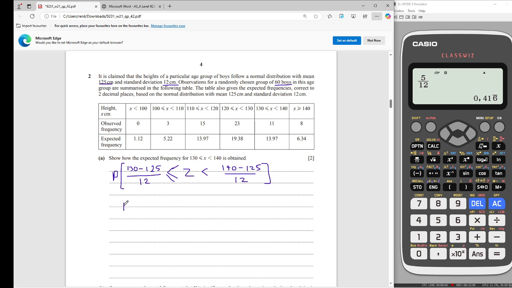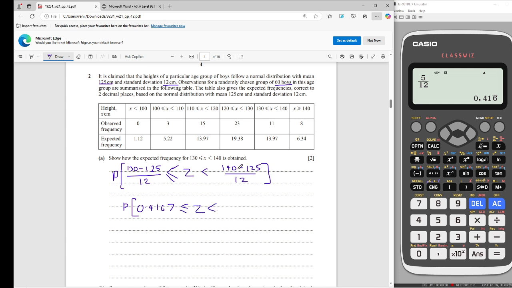So that means that it's going to be p of 0.4167. Okay, and this is going to be in between z, and it's going to be lesser than 15/12, which is 1.25.